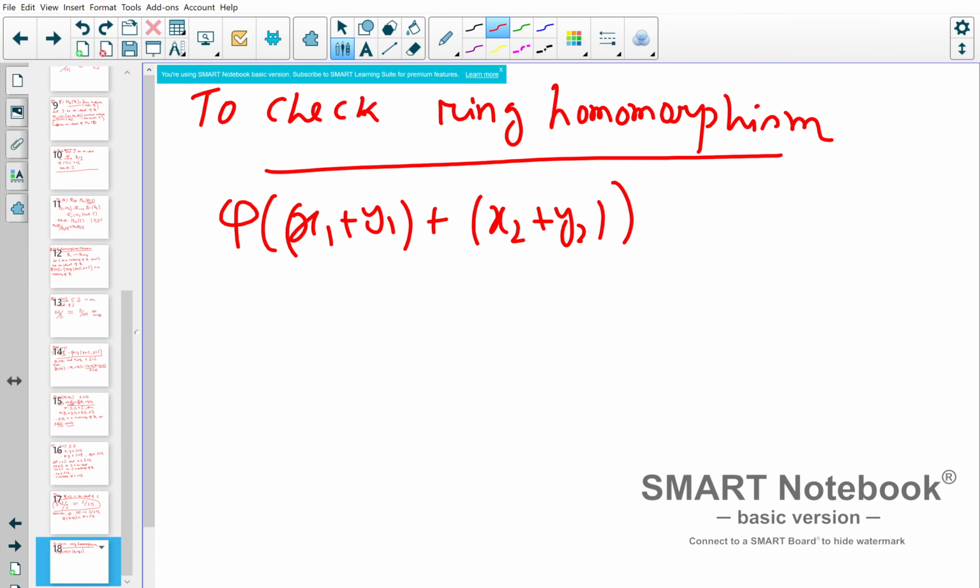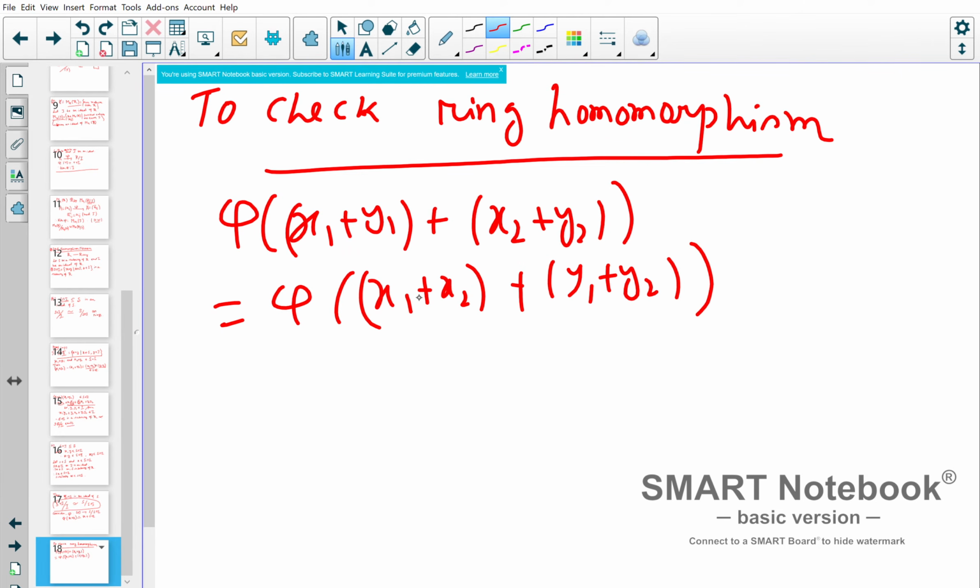Okay, now we know that this is nothing but x1 plus x2 plus y1 plus y2, right? Now what are these two elements? By definition, this is nothing but x1 plus x2, the cosets of this with respect to this ideal, right?